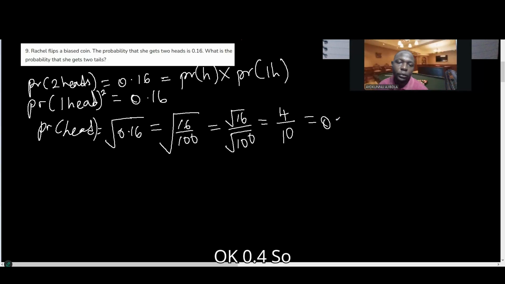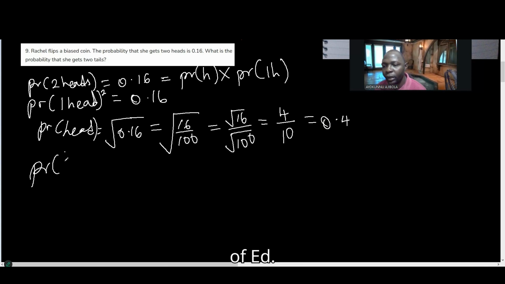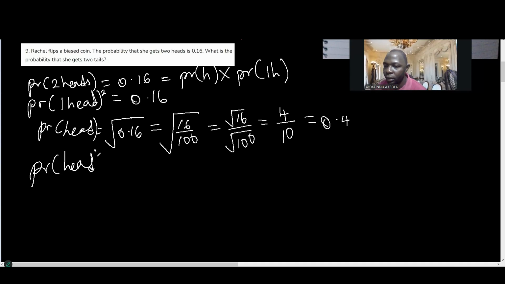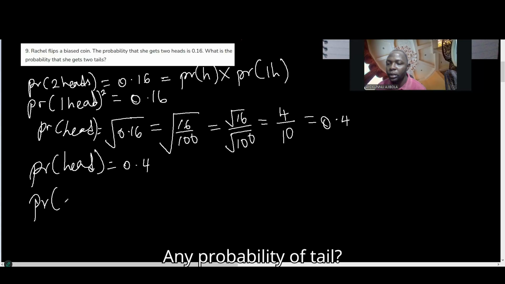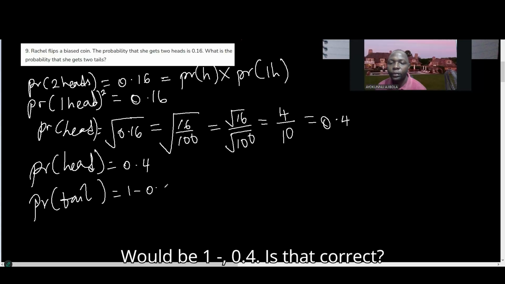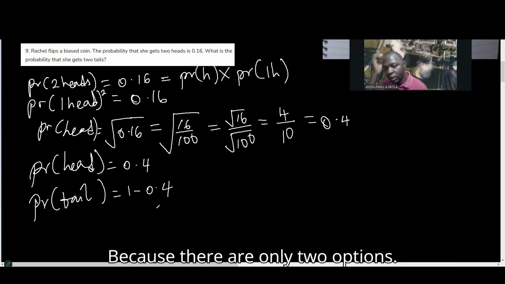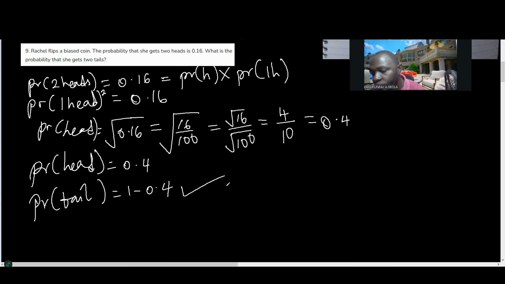Okay. 0.4. So if the probability of head equals 0.4, then the probability of tail would be 1 minus 0.4. Is that correct? Because there are only two options. Do you understand this statement?